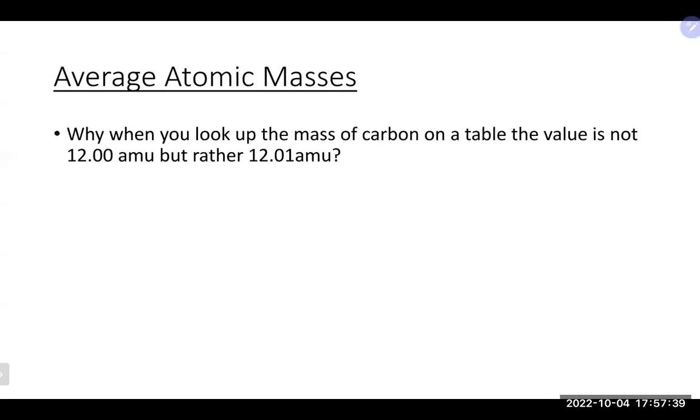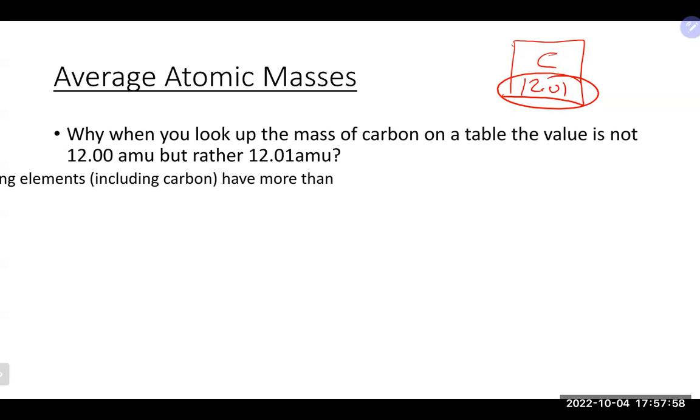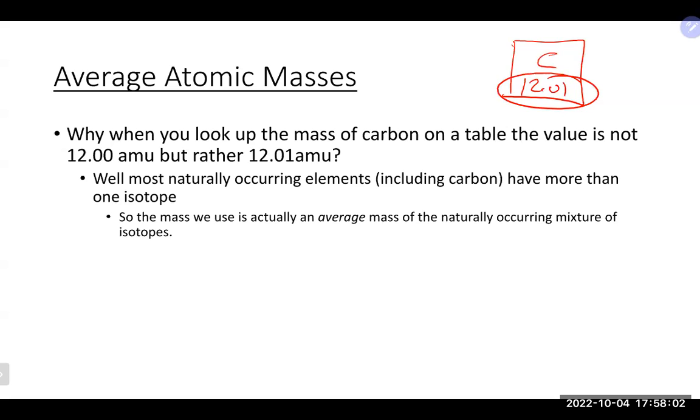Now, if they use the carbon-12 isotope as the standard, and it had a mass of exactly 12, when we look at carbon, we do not actually see 12, but we do see 12.01 as the atomic mass for carbon. And really the reason for that is what we see on the periodic table is actually the average atomic masses.